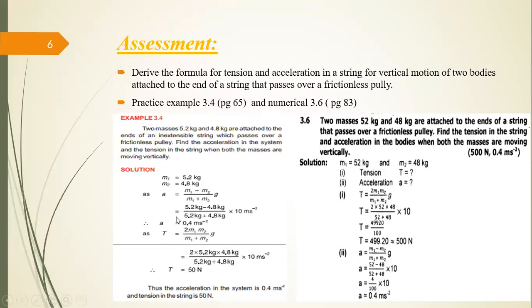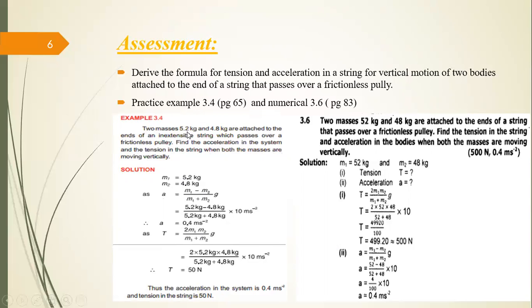For finding the acceleration and tension, firstly you have to write the formulas as we have derived before. Acceleration a is equal to m1 minus m2 divided by m1 plus m2 into g, and tension is equal to 2 m1 m2 divided by m1 plus m2 into g. As you can see in the formula, you just need the values of the masses, and you are given the masses m1 and m2.